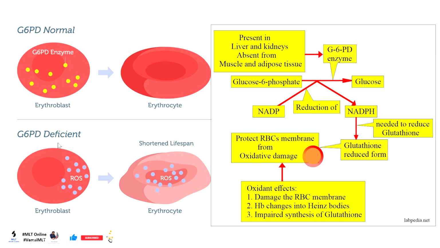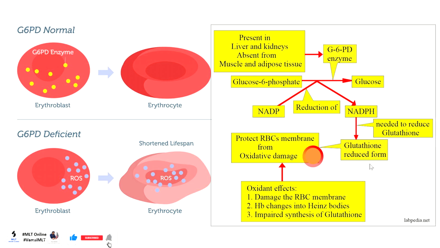In G6PD deficiency, the enzyme will be deficient and there will be increased production of reactive oxygen species, and these reactive oxygen species will damage the red blood cells. So, in order to prevent this ROS destruction of red blood cells, G6PD plays a vital role in maintaining the cell wall integrity of the red blood cell.